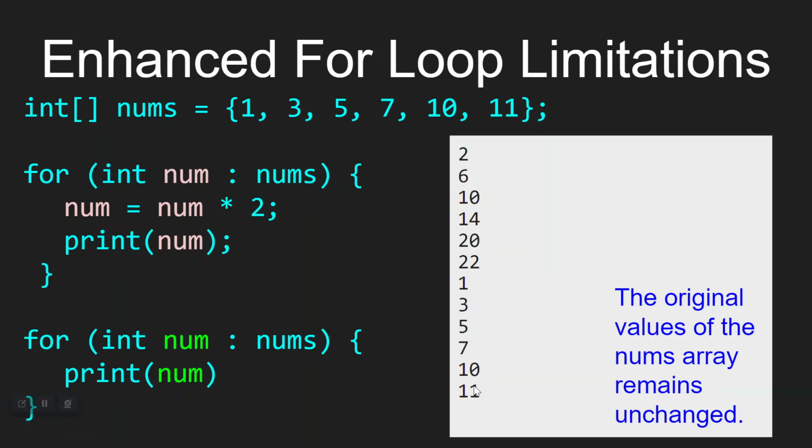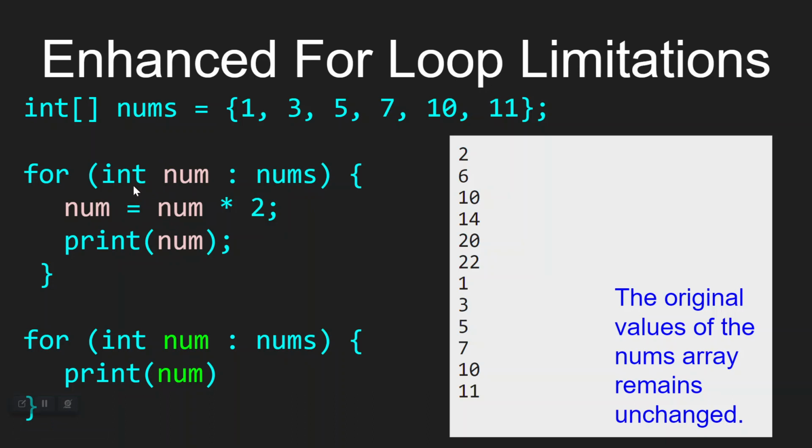that they've remained unchanged. So basically what's happening is in an enhanced for loop, when you say for int num, you are declaring a brand new variable, which is going to be a local variable for this enhanced for loop.